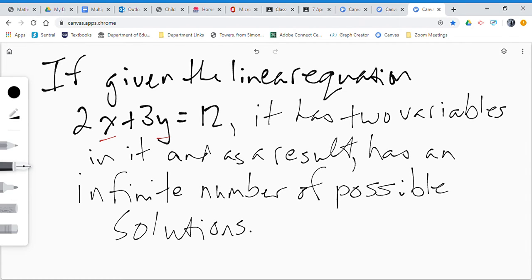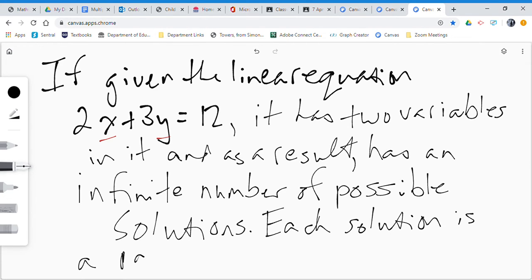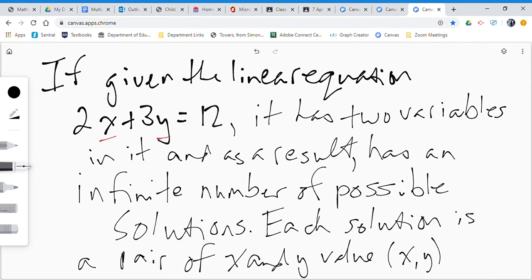Each solution is a pair of x and y values. You would call this an ordered pair usually, like x comma y. We write the x first and the y second. And these x and y values make the equation true.